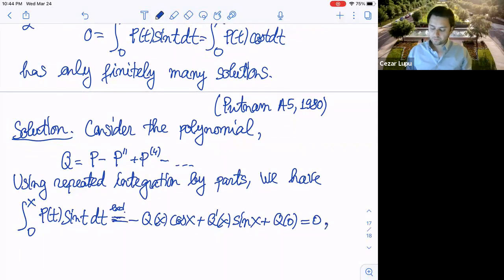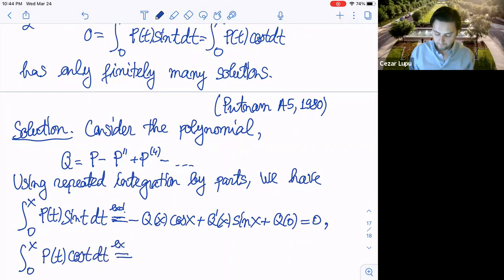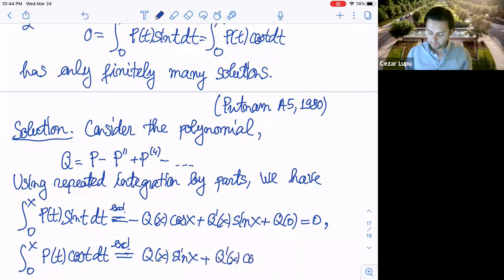But also, we can do the same thing for the second integral. We know that the second integral is the integral from 0 to x of p of t times cosine of t dt. And this time we will have something like this. It will be q of x times sine of x plus q prime of x times cosine of x minus q prime of 0. And this will be 0.